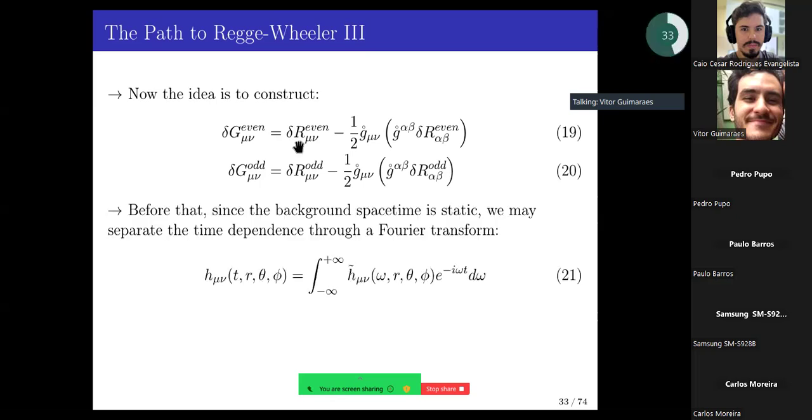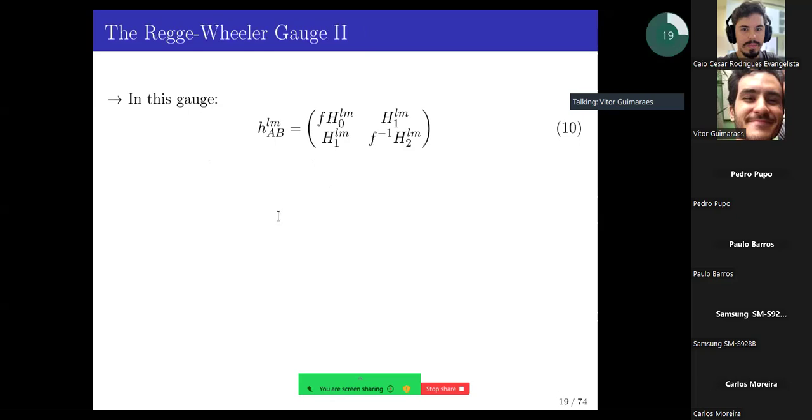But before we engage in constructing the Einstein equations and Einstein tensors: our background space-time is static, meaning we have no time dependence in the metric, at least not in the background metric. We don't have a time dependence in the components of the Schwarzschild space-time.